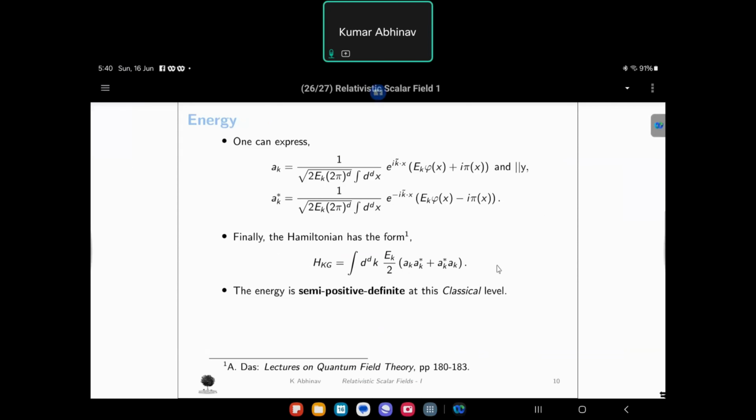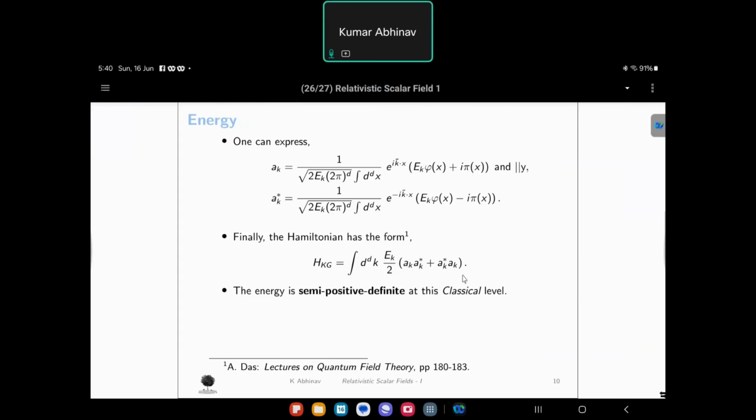Now you can automatically see that this E_k, the energy, comes out in the front like this. So it keeps track of the individual energy of the particle with momentum k. Then this a_k and a_k star, or a_k star and a_k, keep track of this individual particle with momentum k.